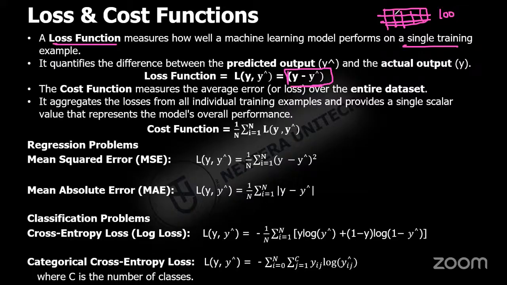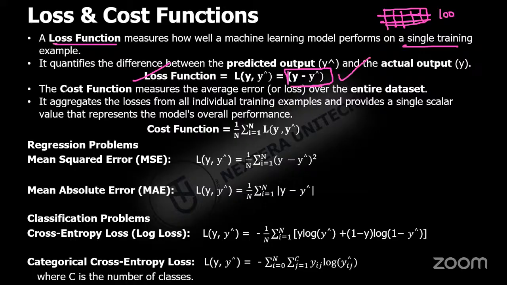I'll pass the first row values, and my neural network will produce some output. So the predicted value and the actual value, both I have, right? I'll calculate the loss. This is also called the error function. The error between the actual and the predicted value for one single training sample is called loss.